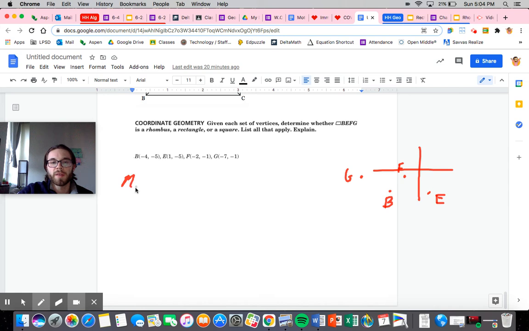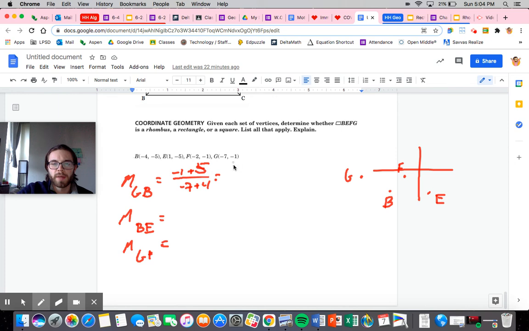So let's find the slope of GB, and then let's find the slope of BE. I am going to do the slope of GF as well, just to confirm that I didn't make a mistake. All right, so GB would be change in y is -1 plus 5, over -7 plus 4.